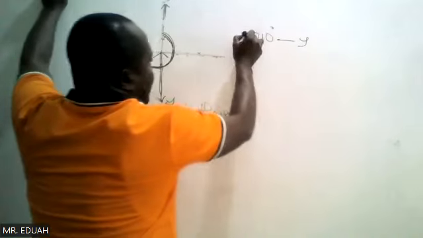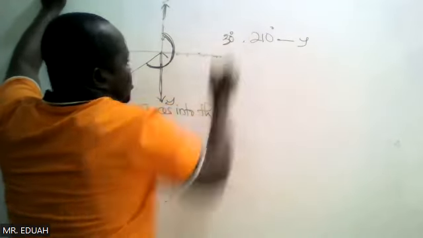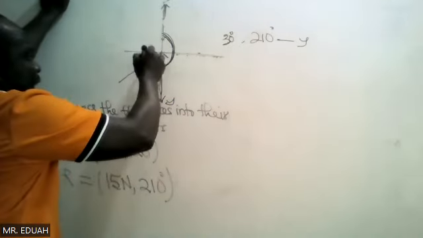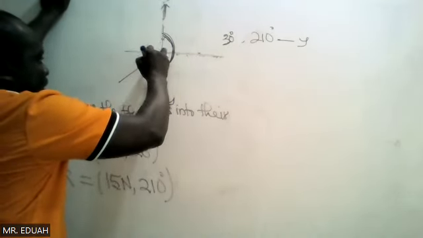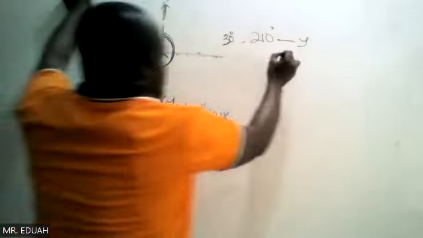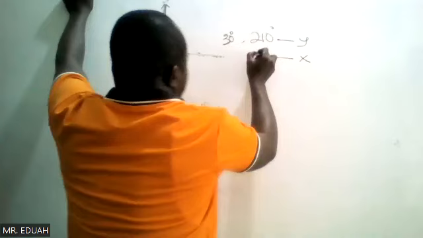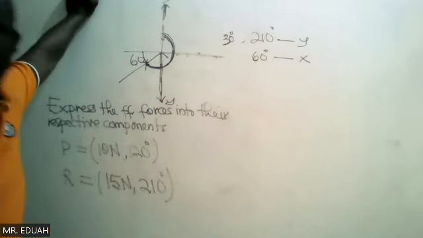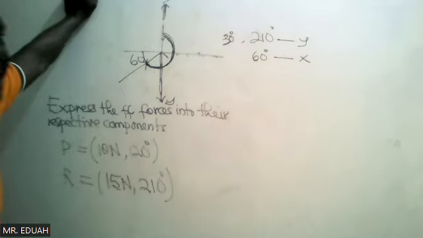So either 30 degrees or 210. Then if we look at the angle it makes with the x-axis, once this is 30, this is 60. So to the x, it's 60. So we have three possibilities.